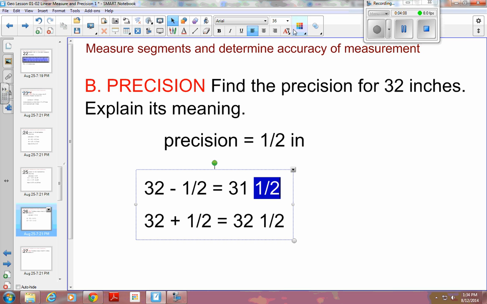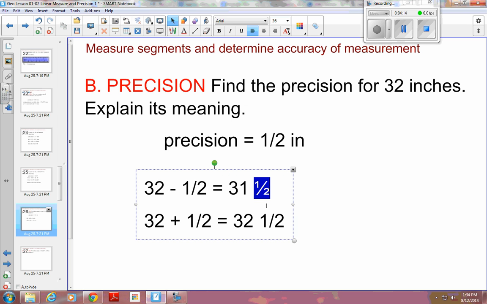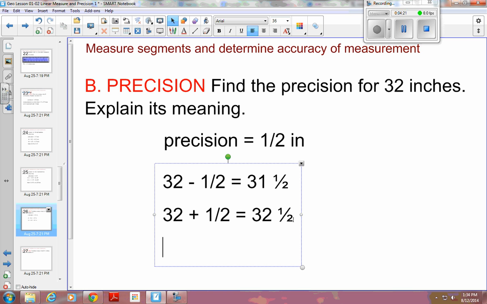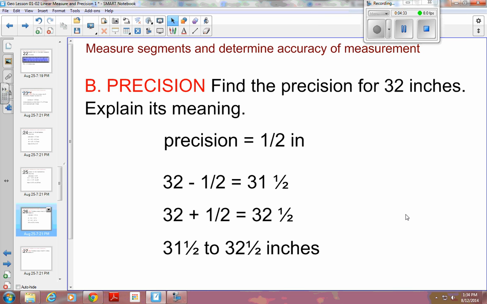And if you don't like 1/2 written that way, you could always write it with the 1/2 that way. Okay, so then my answers, for me to say it's 32 inches, I could be anywhere from 31.5 to 32.5 inches and still be considered 32 inches for my precision.